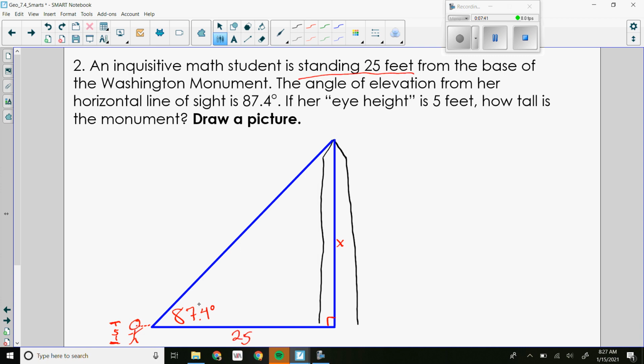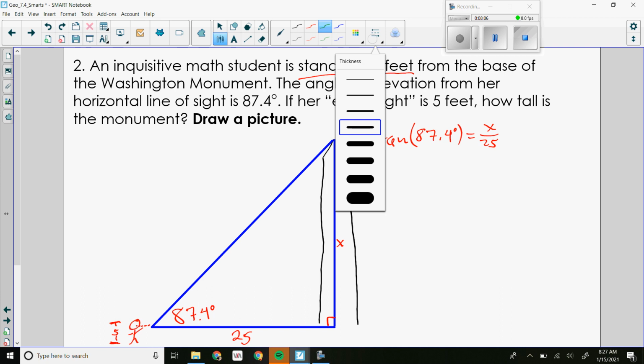Compared to the 87.4 degrees, the x and the 25 are going to be our opposite and our adjacent side. Again, go back to SOHCAHTOA, that's going to be tangent. We can say tangent of 87.4 degrees is equal to x over 25.